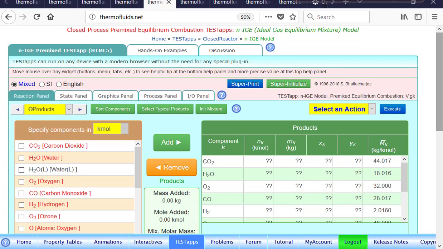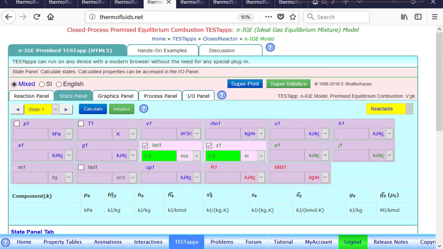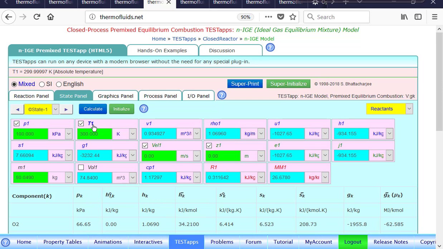Okay, so now that we have set up the reactants, let's go and find out the state. Let's say we have 100 kPa, 10 meter cube, at 300 Kelvin, and we cannot specify the volume also.